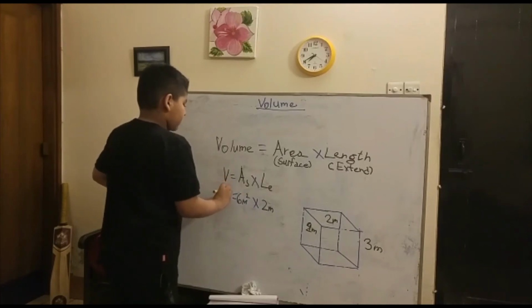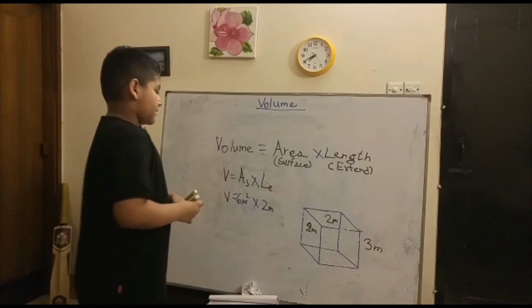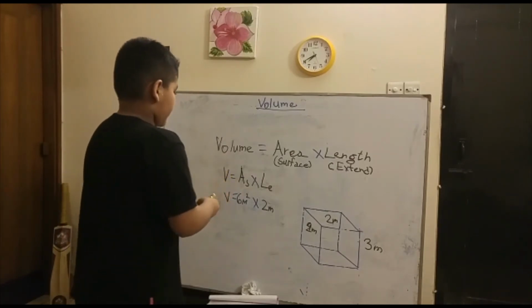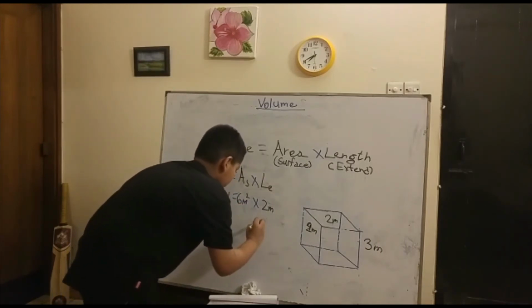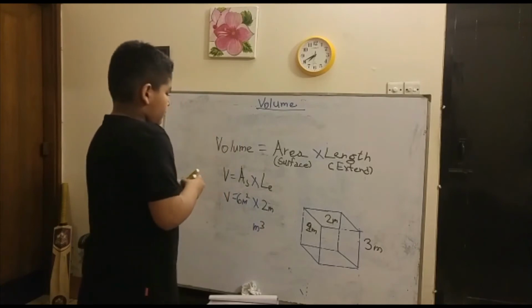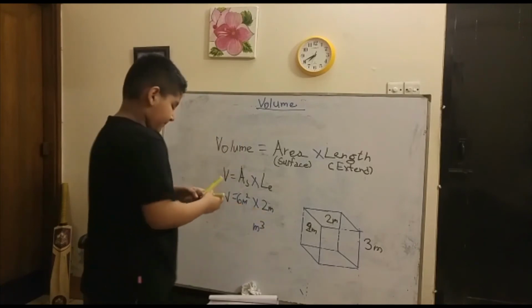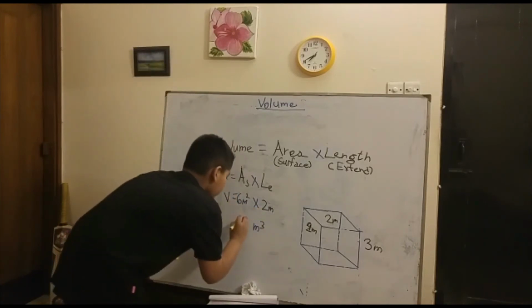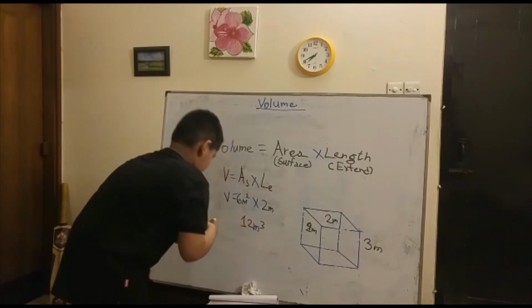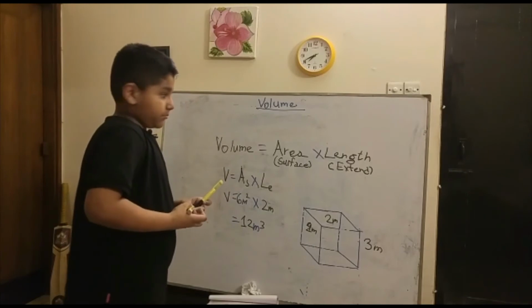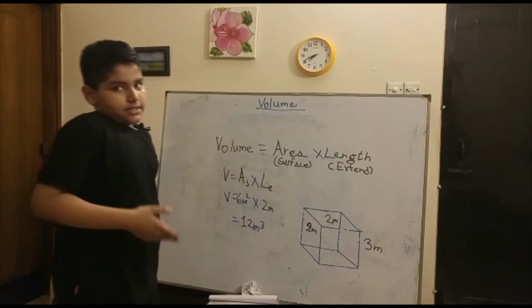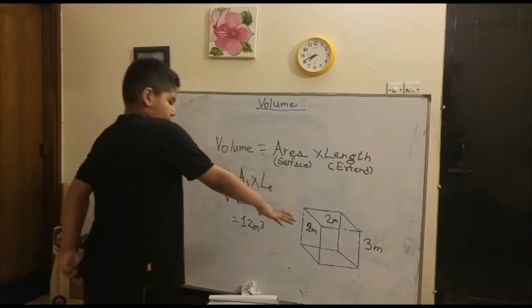Basically what we do here is we first check the unit, which will be meters cubed in this one. Now we multiply the numbers, so we get 12 meters cubed, and that will be the volume. So this is the formula for a rectangular prism.